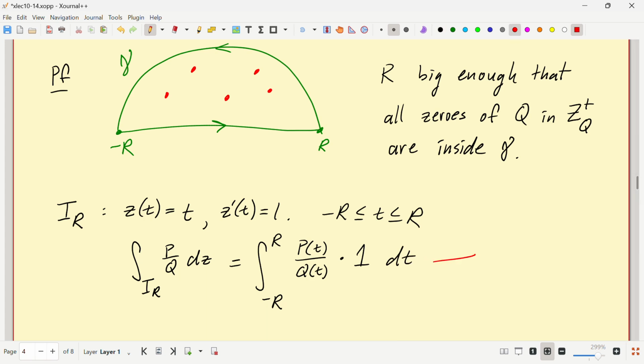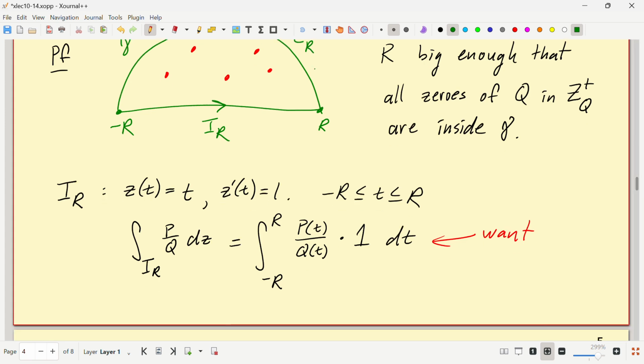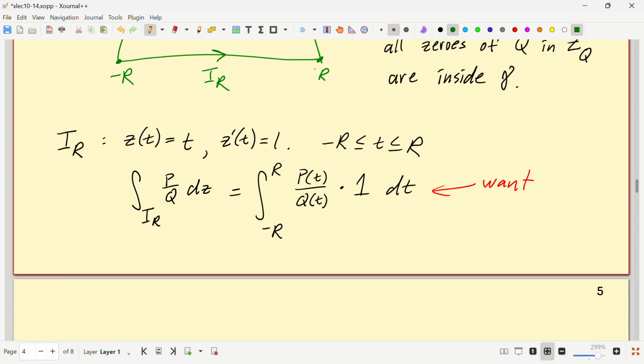That's something I want. It turns out the integral around the circular part, so I'll call this part I sub R, I'll call this circular part C sub R. Okay, I don't have to parameterize it, but I know the C sub R would be parametrized by z of t equals R e to the it, as t ranges from 0 to only pi.